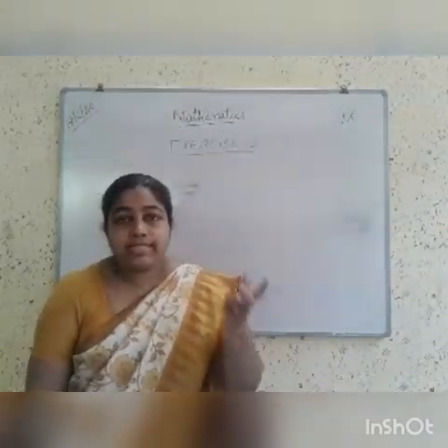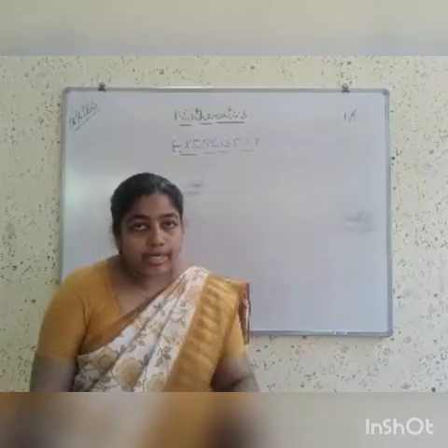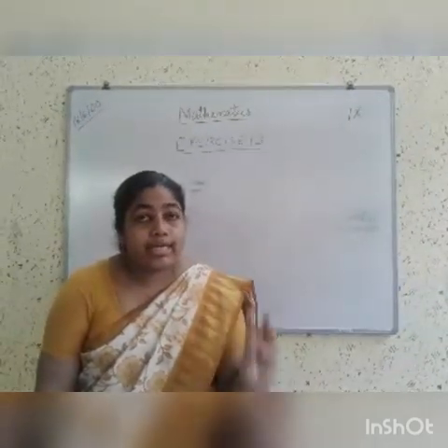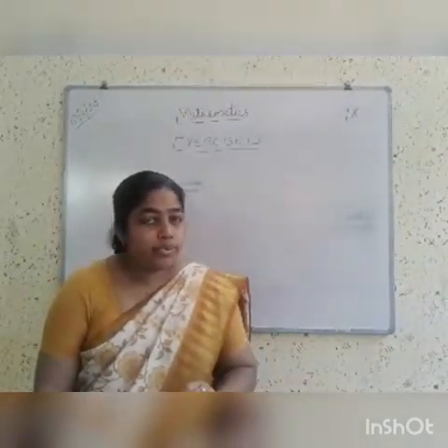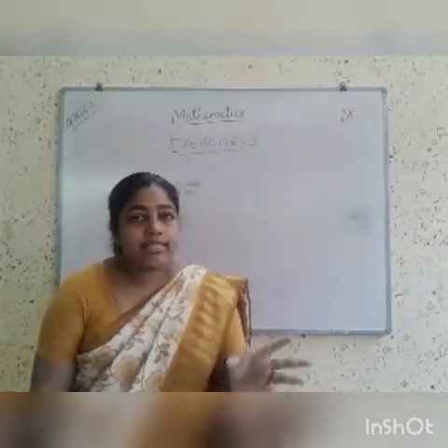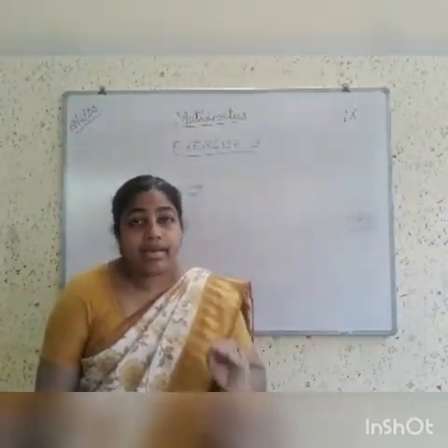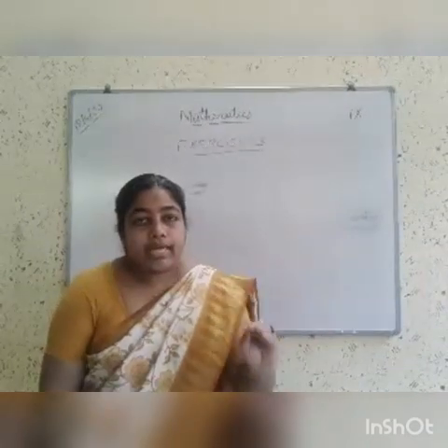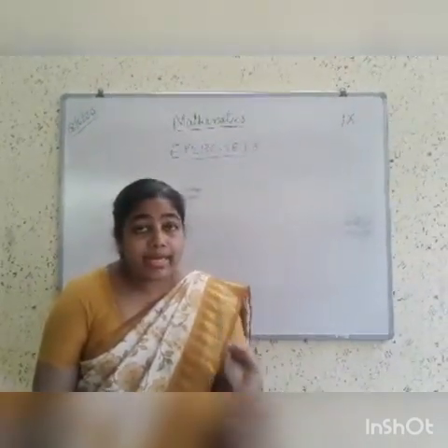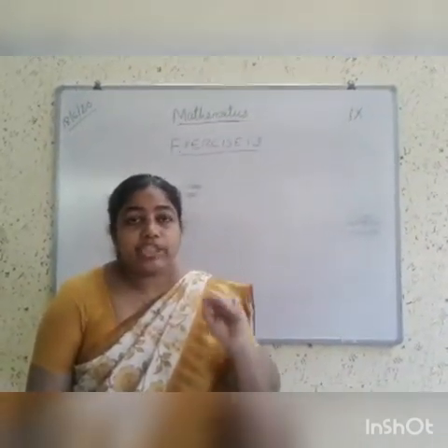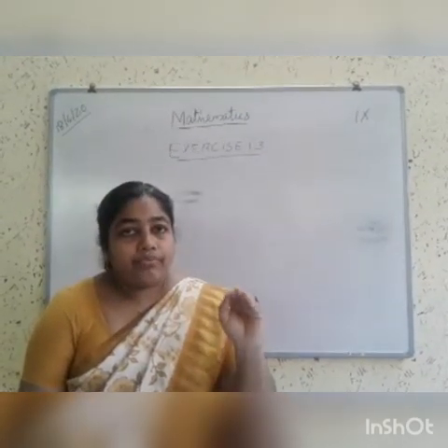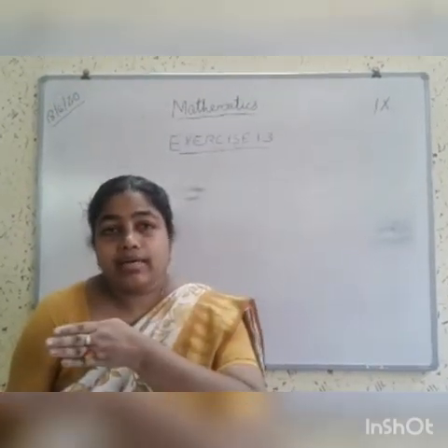All of you know what is terminating, non-terminating recurring, and non-terminating non-recurring. Terminating means we will get the remainder 0. Non-terminating recurring means the division is not ending, and we will get repeating digits.